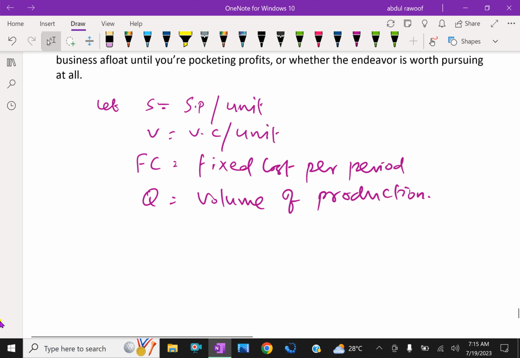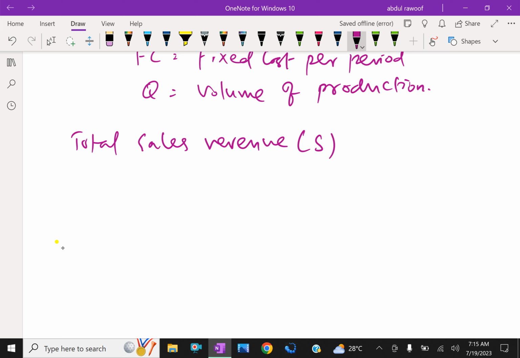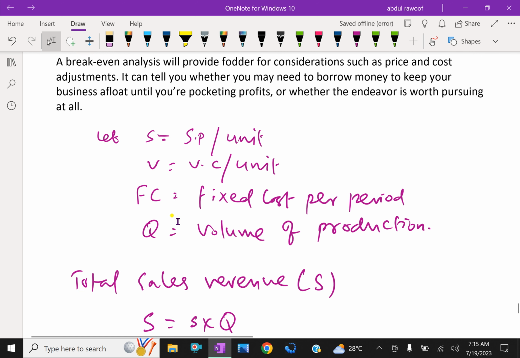From this information, we will derive a formula for break-even point. The total sales revenue, let us keep it S, is equal to S into Q, where S equals selling price per unit.